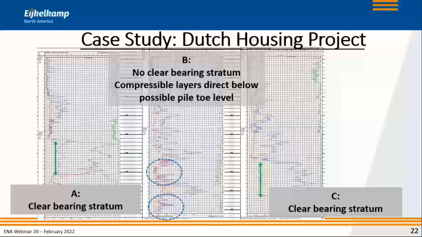To summarize, in areas A and C, you had a clear bearing stratum, in C deeper than in A. And in area B, there was no layer like that available. Therefore, you had to figure out where you were going to put the pile, how you're going to create this friction pile, but also remember that you had compressible layers directly below the possible pile toe level.